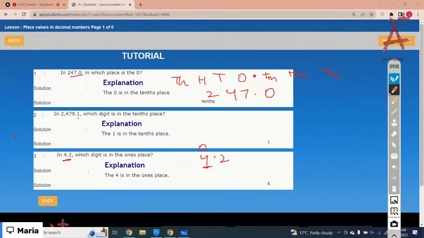Got it? Okay, let's just start with the test questions so that we can do practice questions.